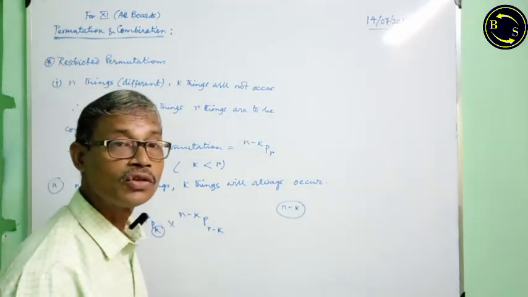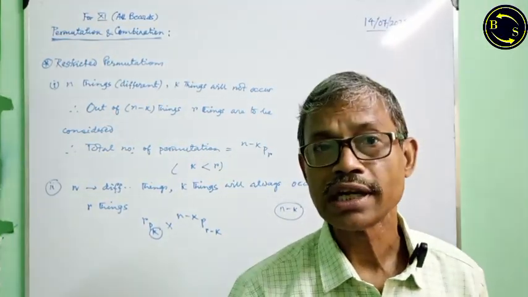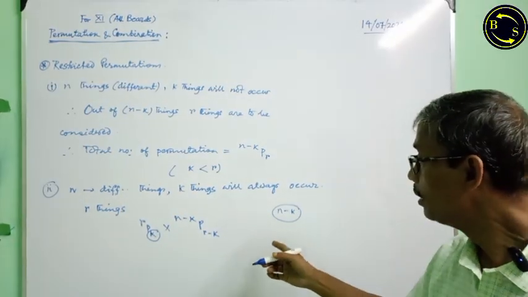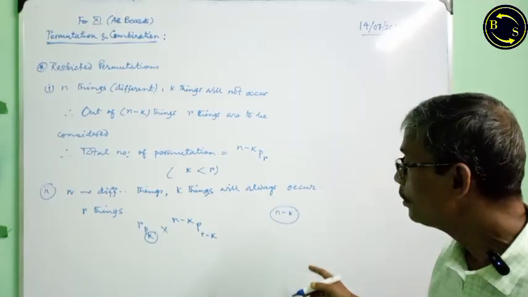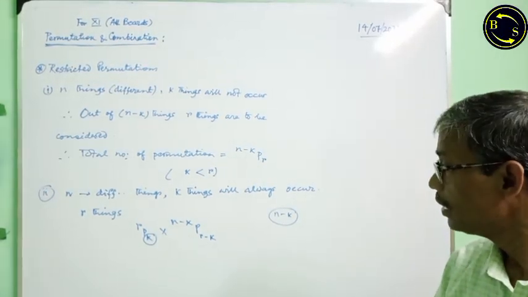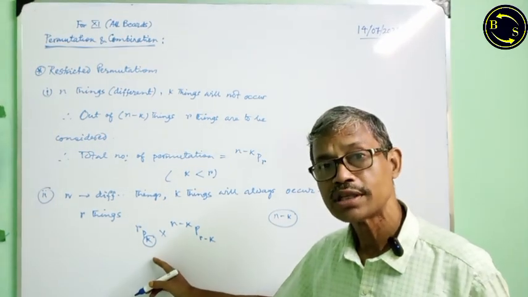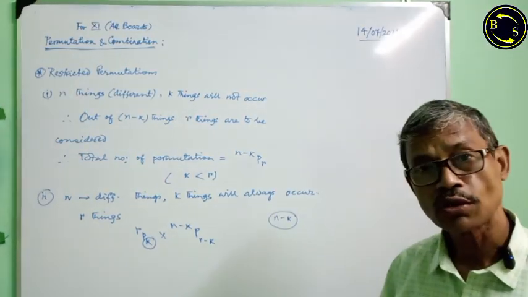Since k things will always occur, if we consider like this, R places are to be filled, of which k things, or k places rather, will always occur.